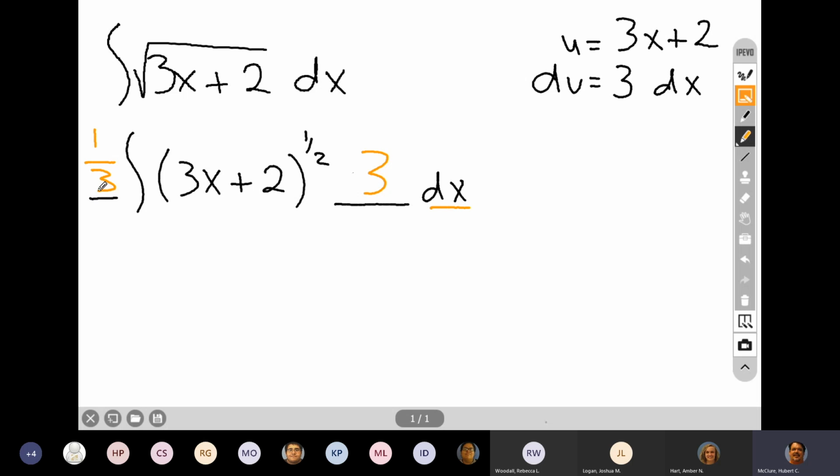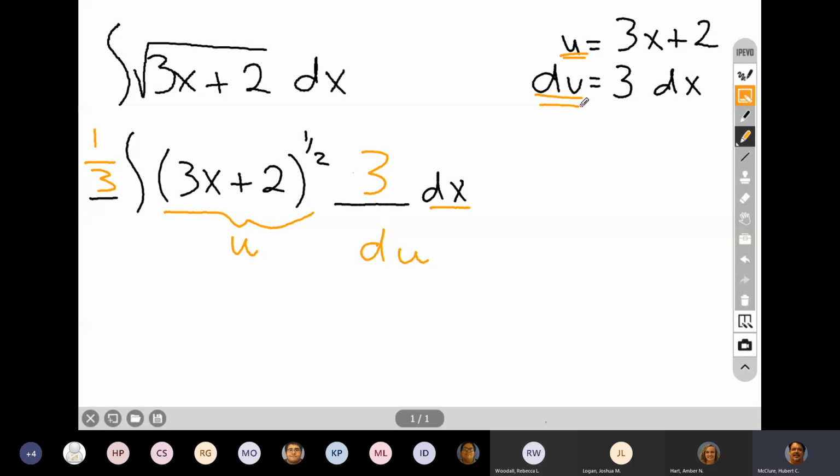Now, what that gives me inside of the integration is u du. Okay? Because this is u and this is du. So I've just made my integration follow the scheme of u du.